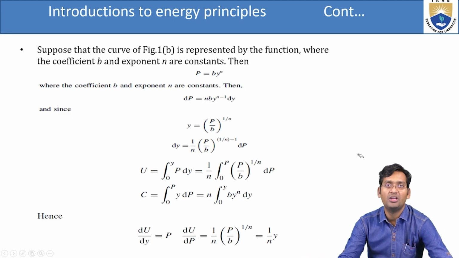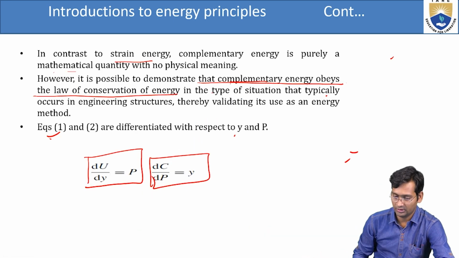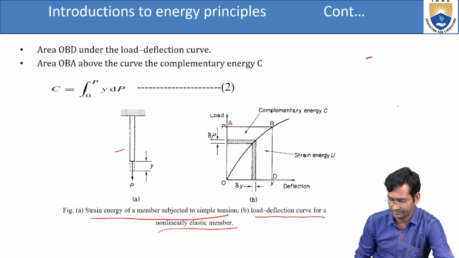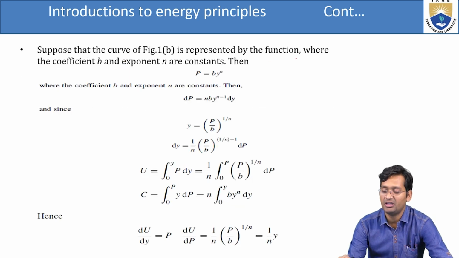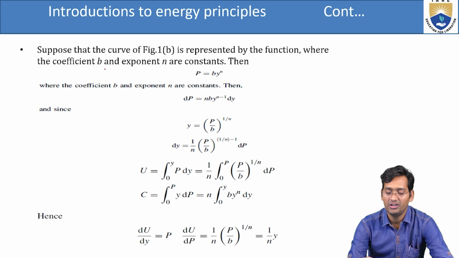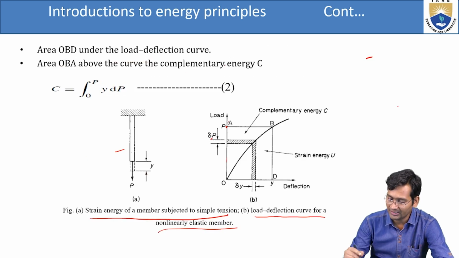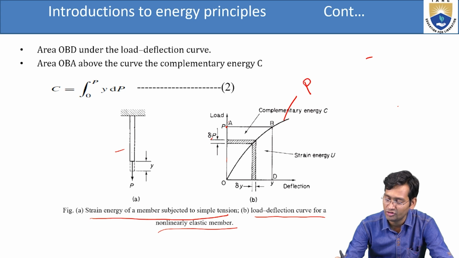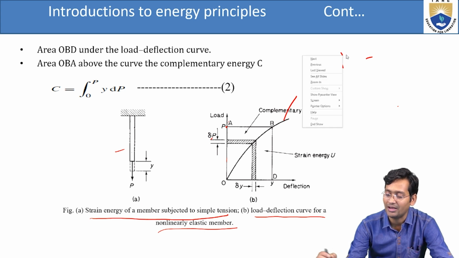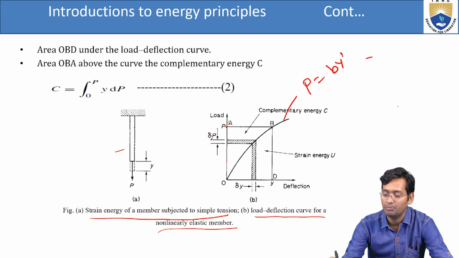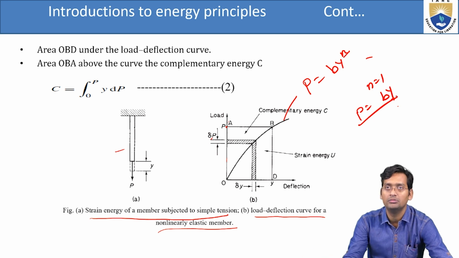Suppose the curve of figure 1b is represented by a function where the coefficient b and exponent n are constant. So now we take p equals b y to the power n, some arbitrary power n. If n equals 1, then p equals b y, a linear equation.